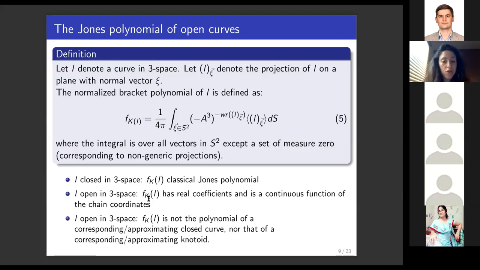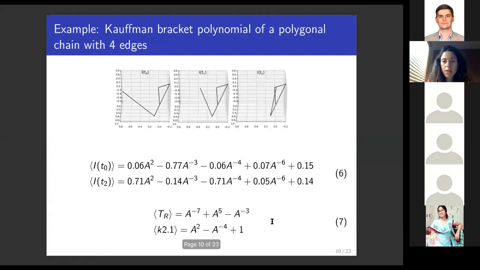Another thing to point out is that this polynomial is not the polynomial of any approximating or corresponding closed curve, and it is not the polynomial of any approximating or corresponding knotoid. It is a new polynomial only associated with an open curve in 3-space.